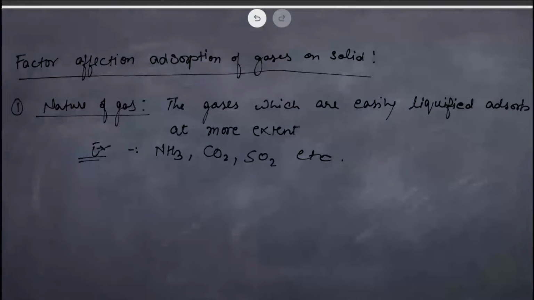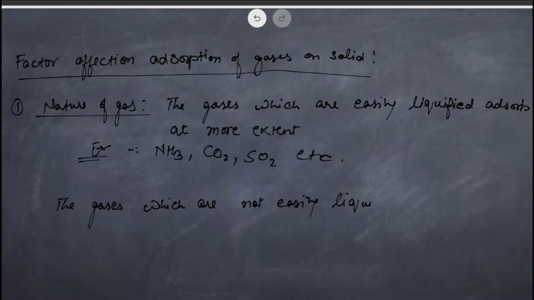The gases which are not easily liquefiable absorb to a low extent.